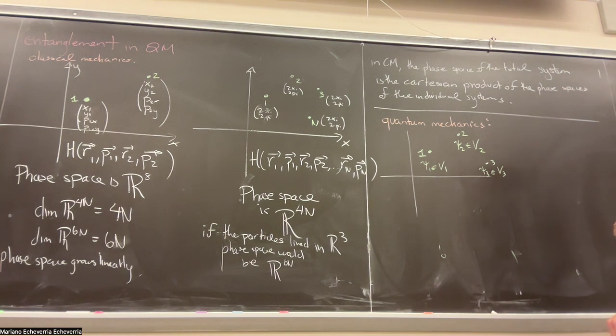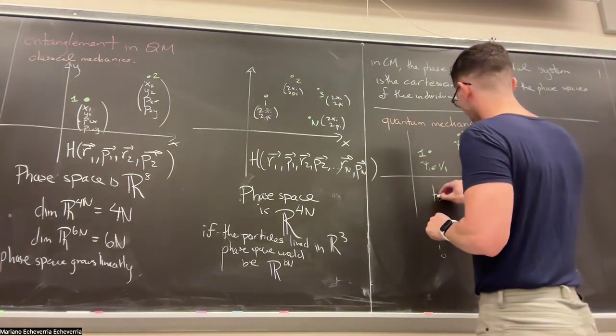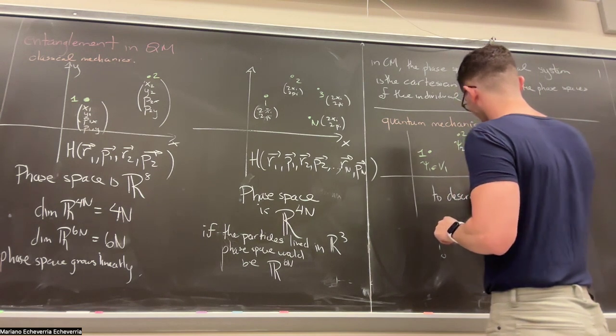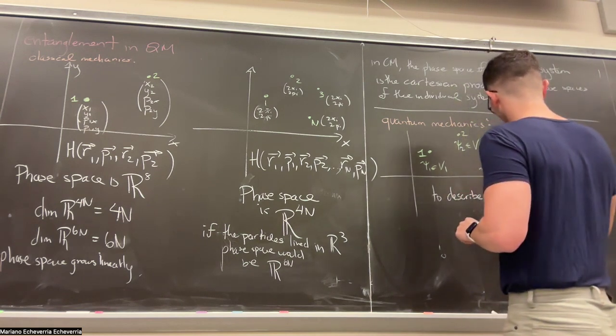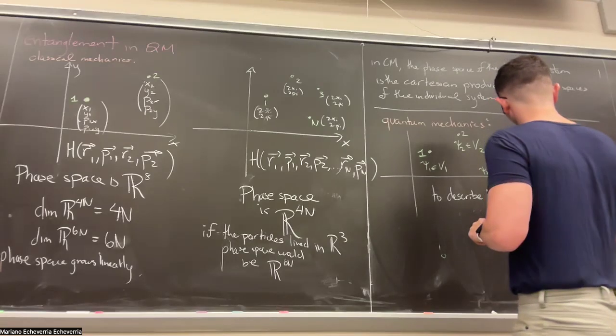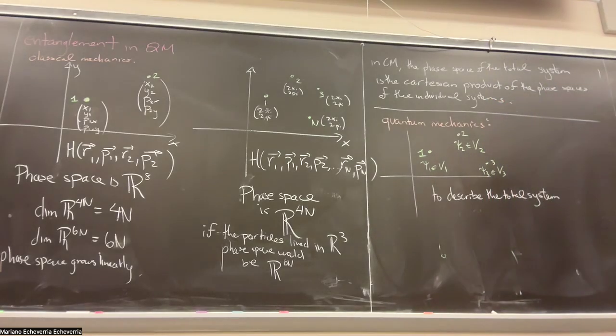And in general, what's happening? In quantum mechanics, what occurs is that to describe the total system, if you have it like that, then the vector that you would assign to the total system, that's just how it works, is the tensor product of these vectors.